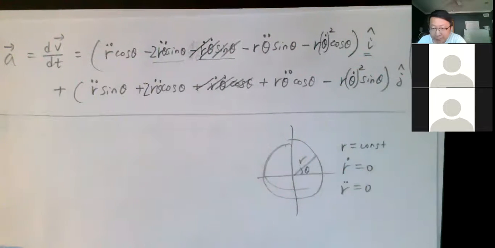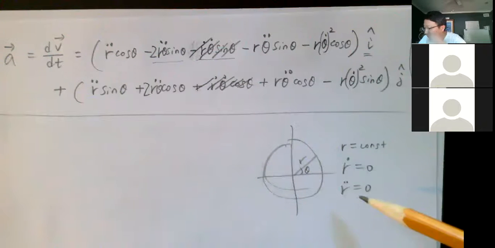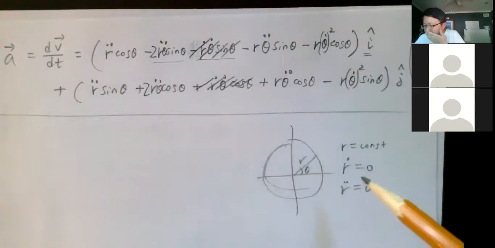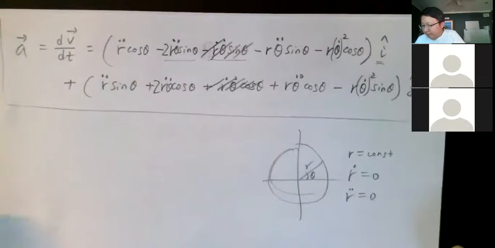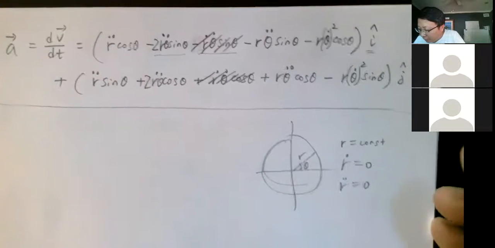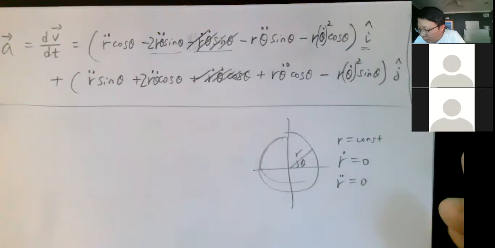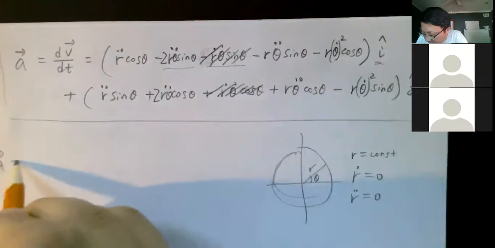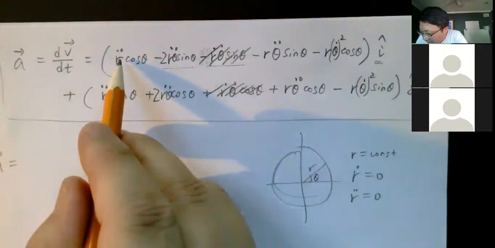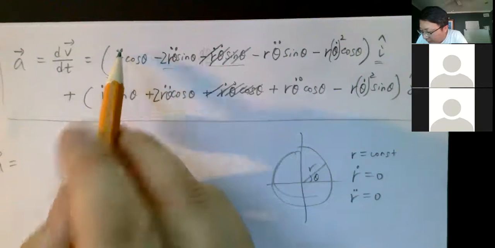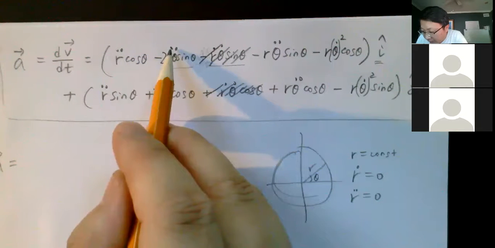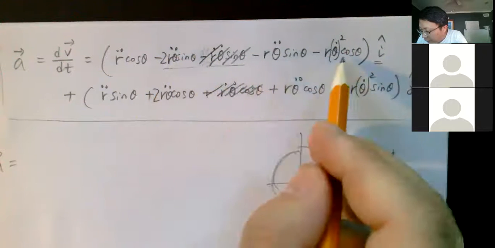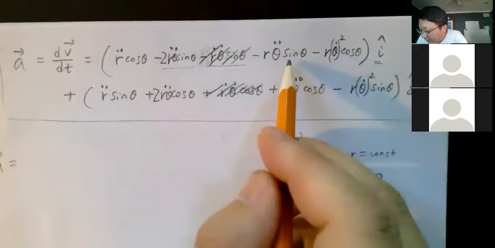Then we can quickly simplify that. Now A becomes 2. The first term is 0 because r dot is 0. The second term is 0 because r dot is 0. The only 2 terms left.